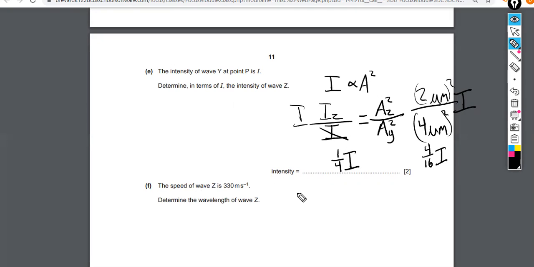They give us the speed is 330 and we want the wavelength of Z. So let's remind ourselves that velocity is distance, which is wavelength, divided by time. The same velocity we've always learned. Distance divided by time. But time for a wave is related to frequency like this.